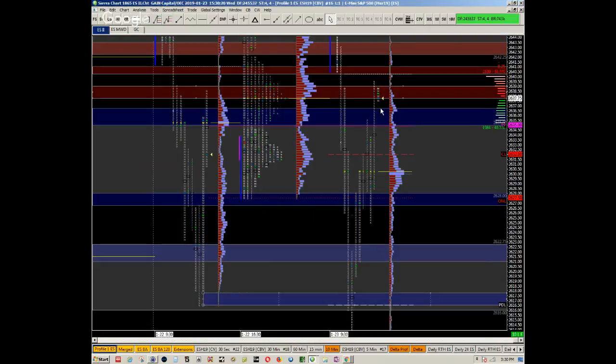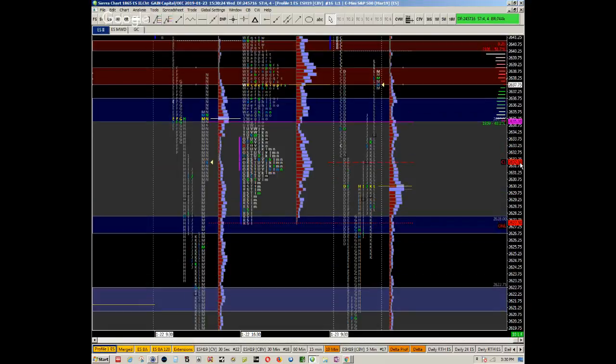Okay, there's a good possibility, and I'm just going to say right now, that we just flush all the way down to the VPOC. There's also a possibility, and I'm talking odds, I'm not sure which one's higher, that we come down to 36.75, the J high, or the pivot, and then sometime in the next 30 minutes, reverse.